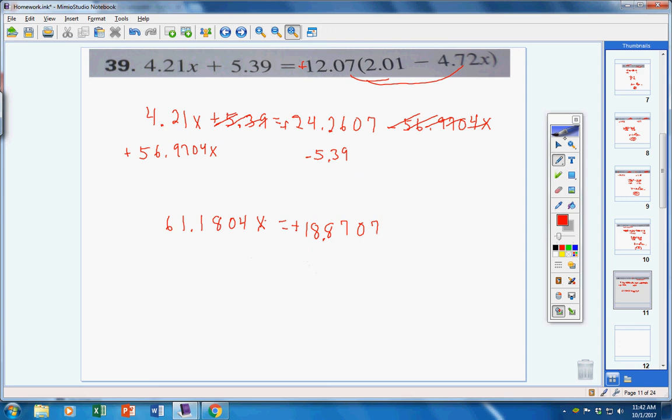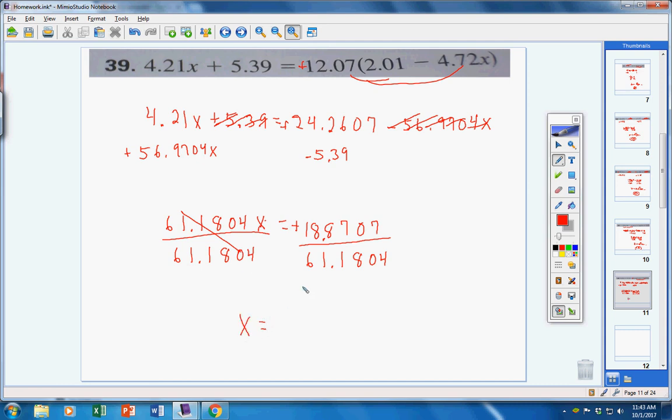Now, we're going to divide both sides by 61.1804. These cancel.